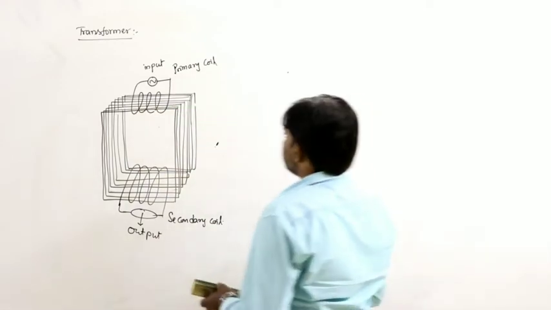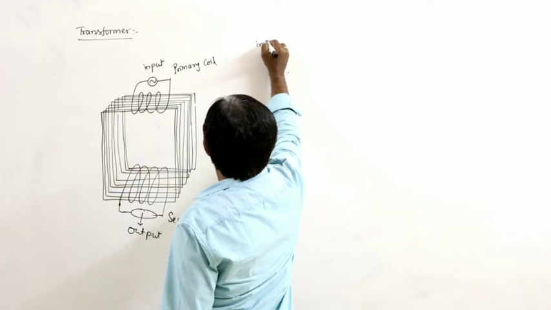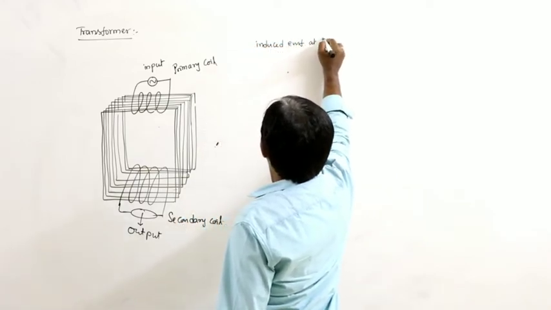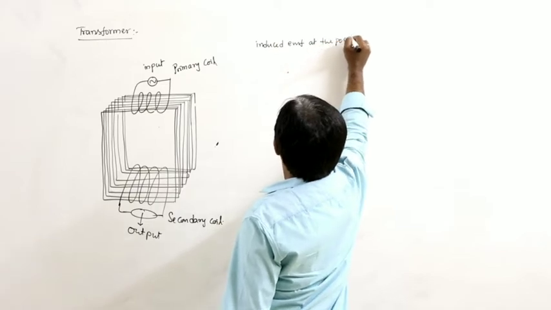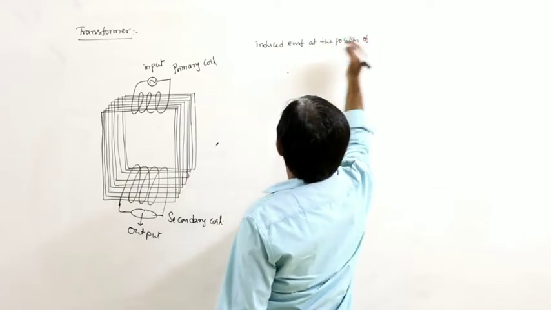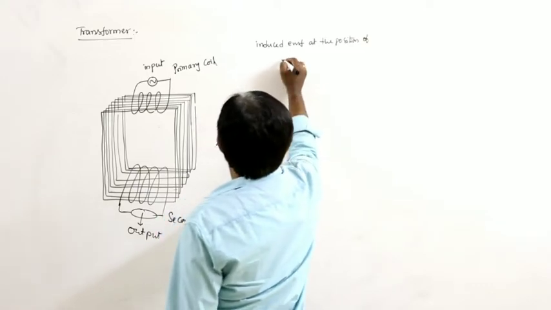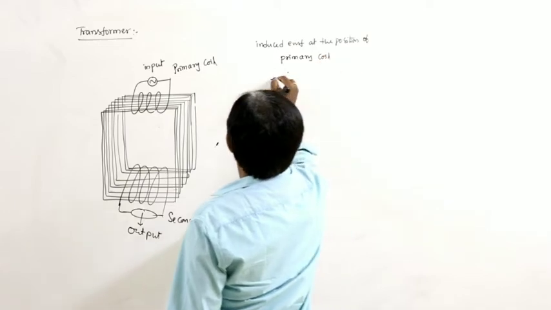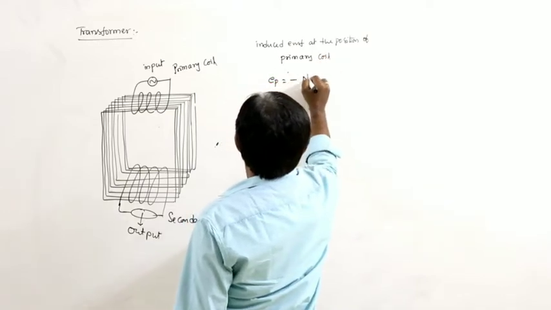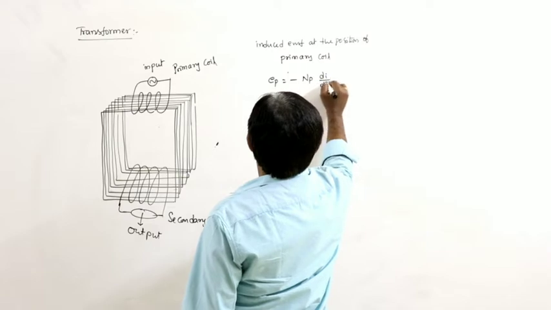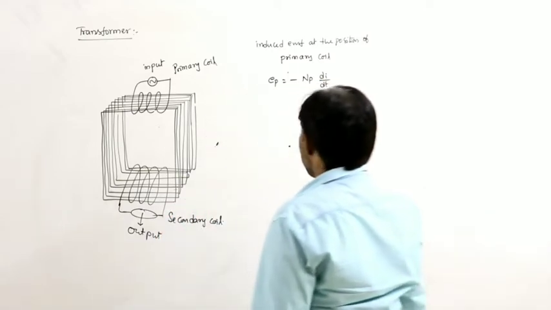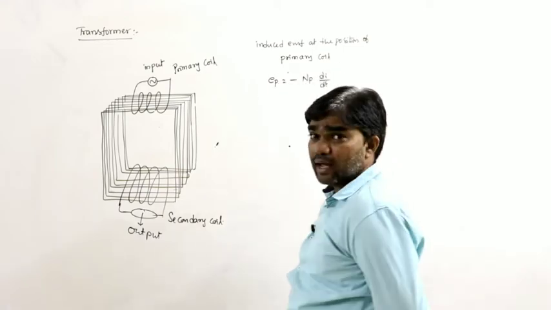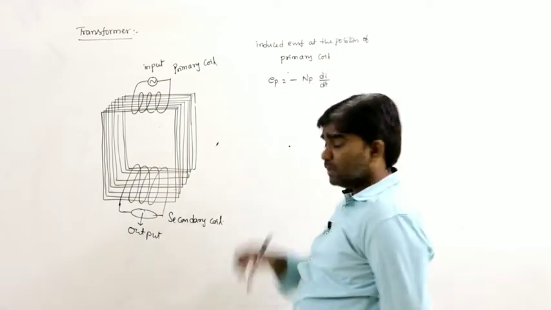So the induced EMF at the position of the primary coil, E primary is equal to minus Np into di by dt, where Np is the number of turns.